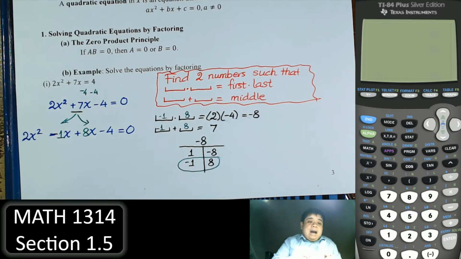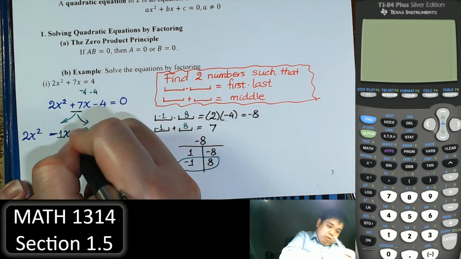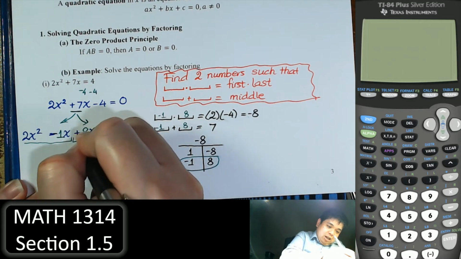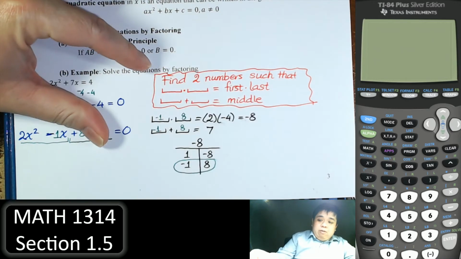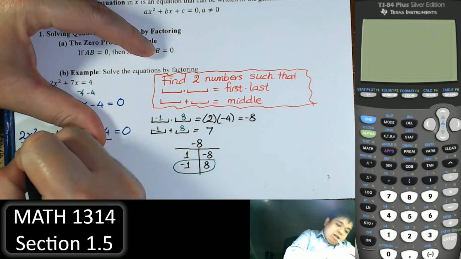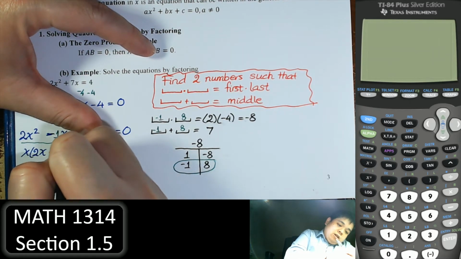So after finding the two numbers, split the middle term using those two numbers. And then we group the first two and the last two. The first two both have x in common, so I factor out x, left with 2x minus 1.